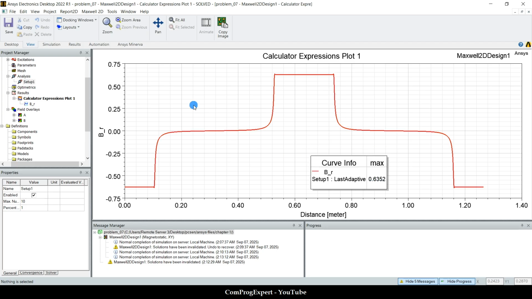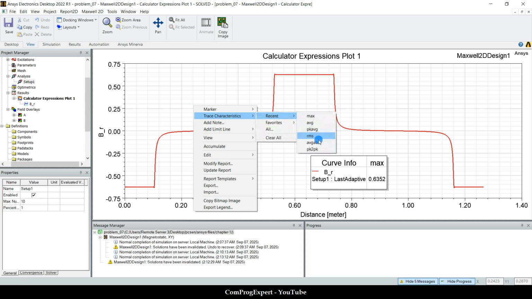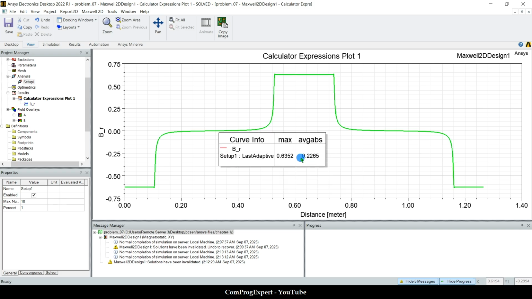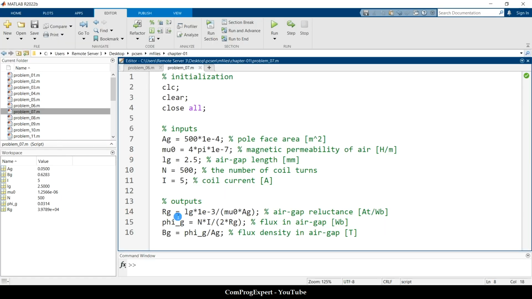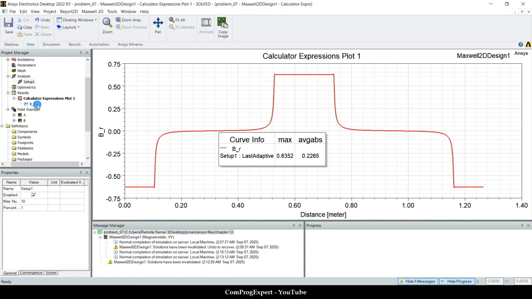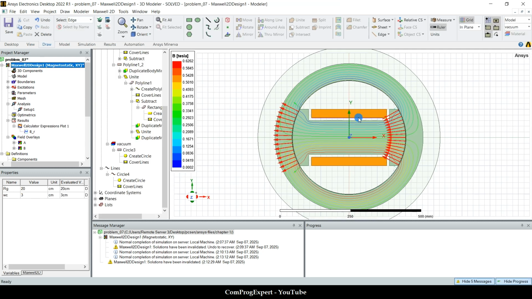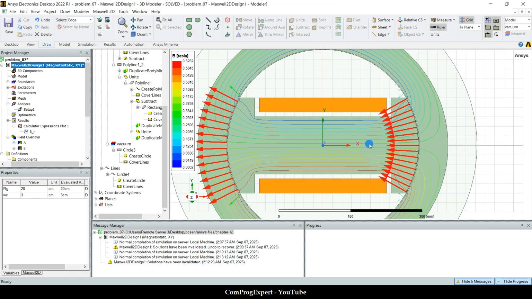So if I calculate the average absolute value of this function, you can see the mean value. This is the maximum value. Compare it with this number, 0.628. Okay, for this ideal problem.